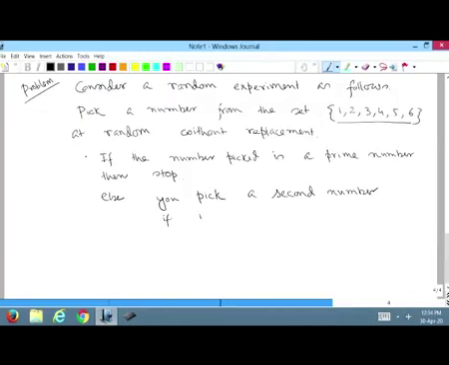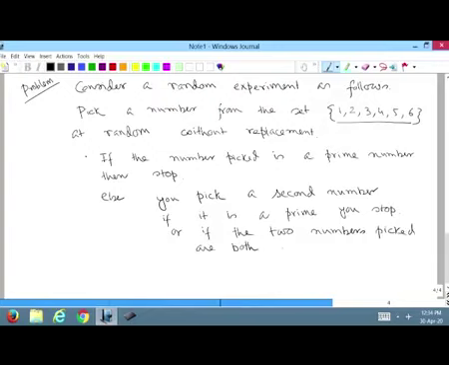If it is a prime, you stop, or if the 2 numbers picked are both even, then stop, else pick a third number.